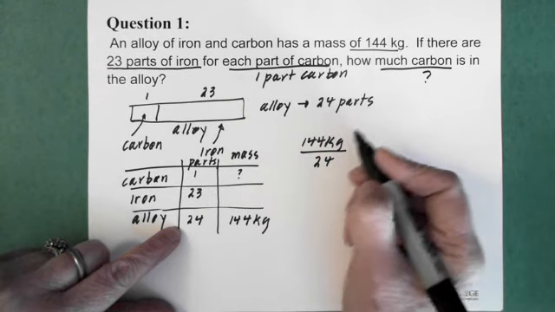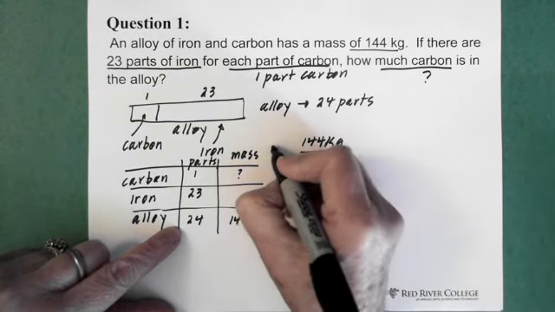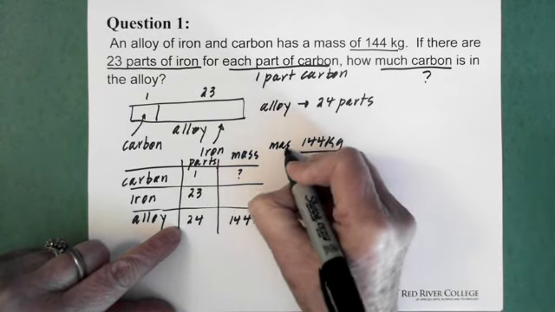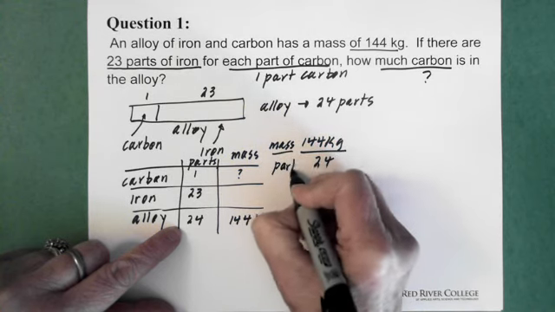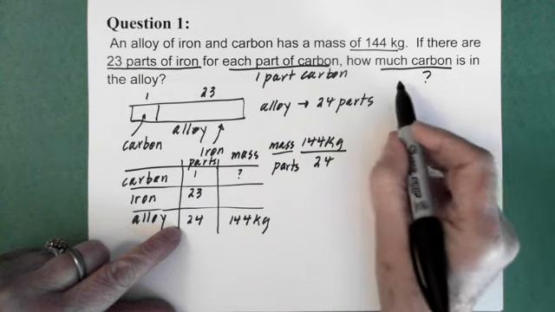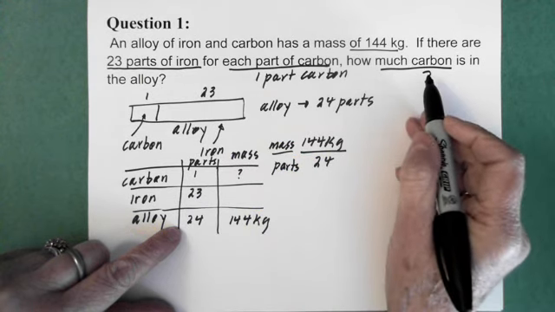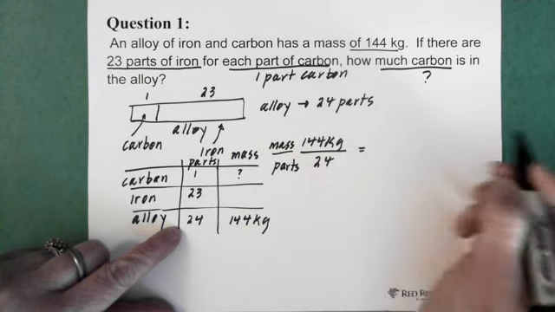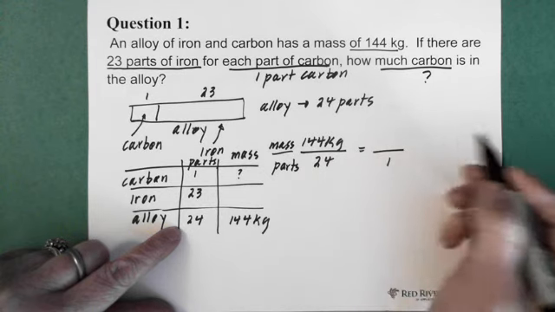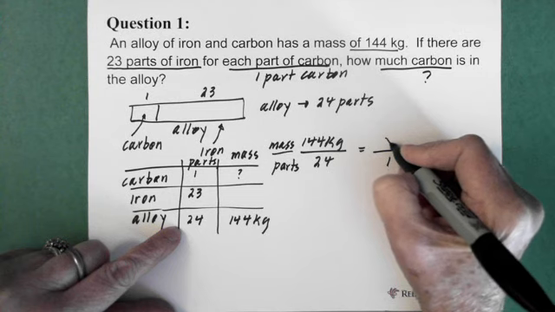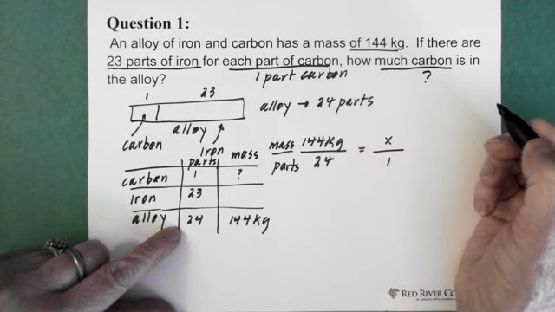So what we can do here is say that this is mass divided by parts. And we're looking for the mass of the carbon. The carbon is 1 part, and what we want is the mass.